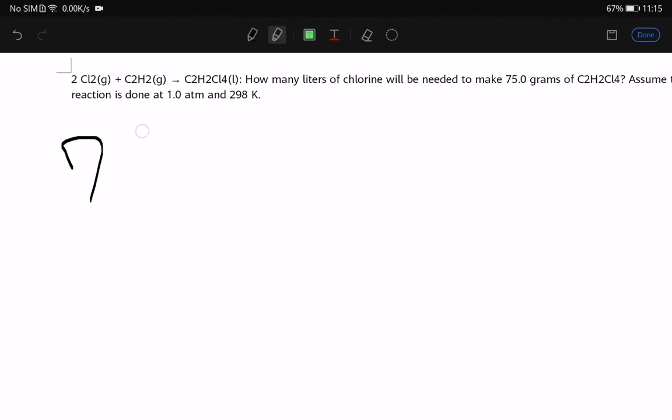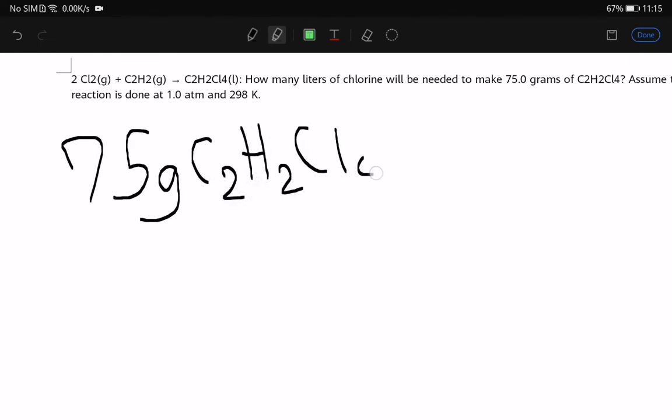So 75 grams of C2H2Cl4. Let's get the molar mass of tetrachloroethane.